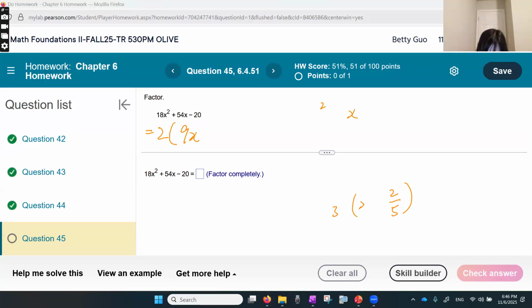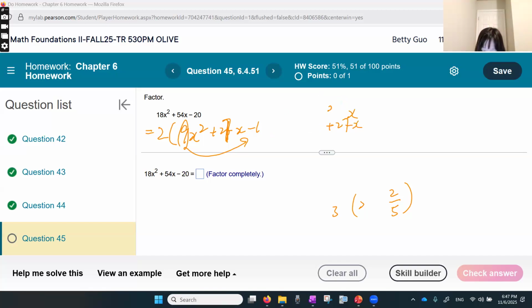So 2 factored out: 9x squared plus 27x minus 10. 54 divided by 2 is 27.